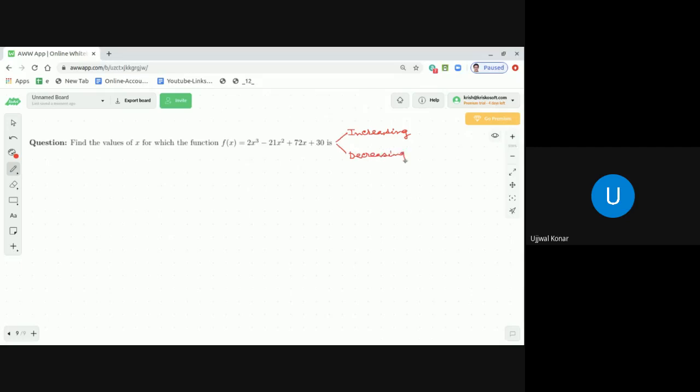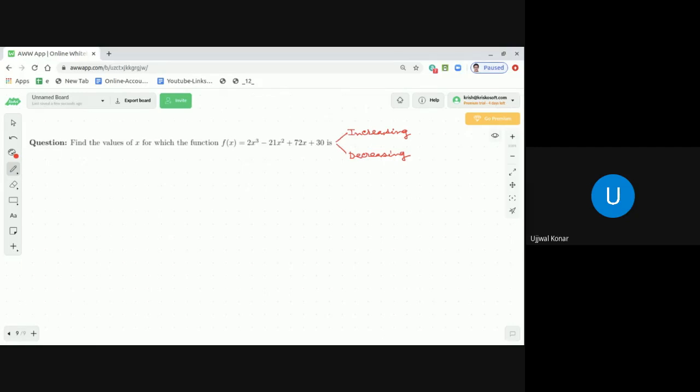One thing, let me tell you before I proceed. If someone gives you the graphical representation of this function f(x) equals 2x cubed minus 21x squared plus 72x plus 30, then without having any knowledge of calculus, you can say whether the function is increasing or decreasing.